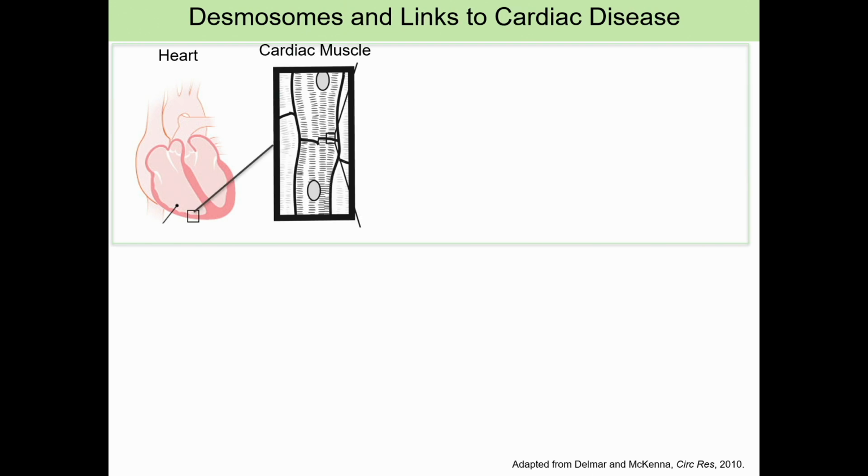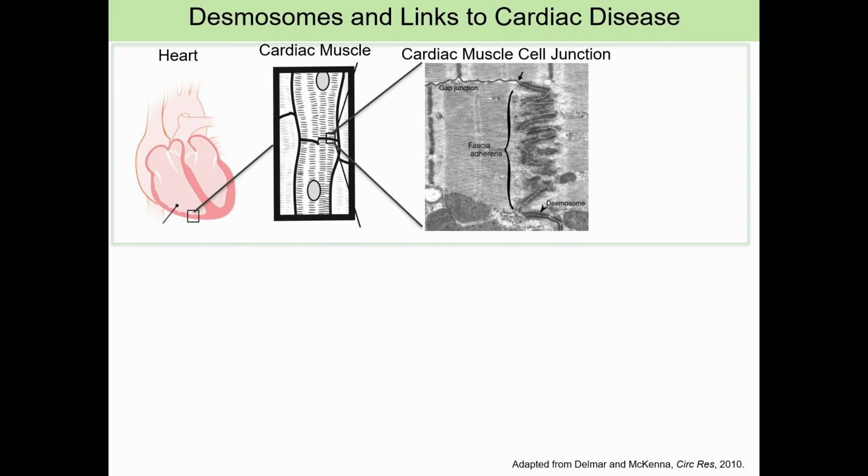So when we think about desmosomes, we have to look at the heart in much more detail and depth. When you zoom in to two muscle cells that are tethered together, there are really three junctional components that make up the cardiac muscle cell-cell junction.